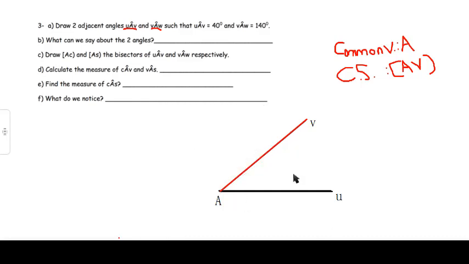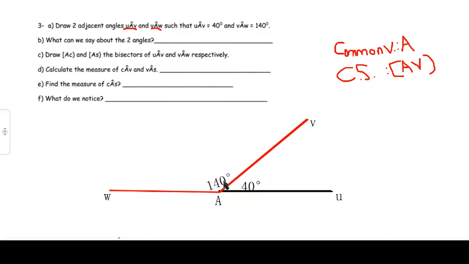This is 140 degrees, and this is called angle VAW. Okay, VAU is 40 and VAW is 140 degrees.